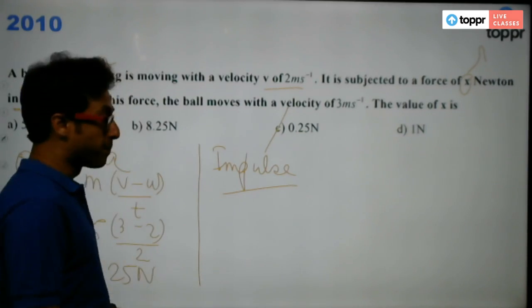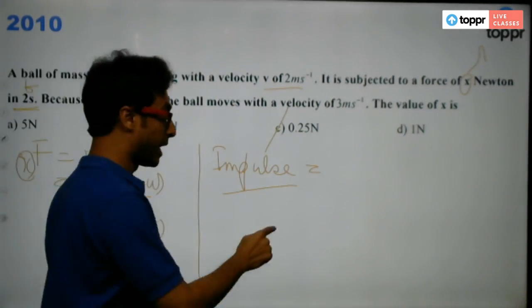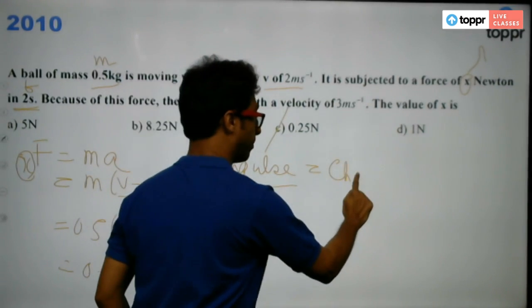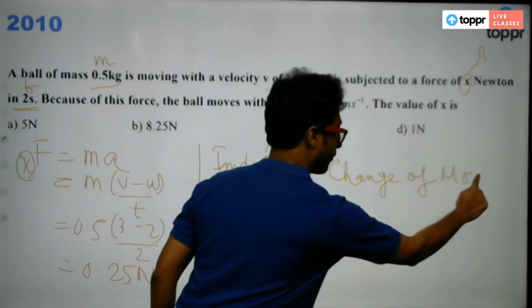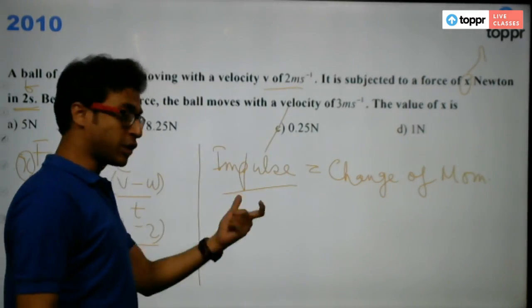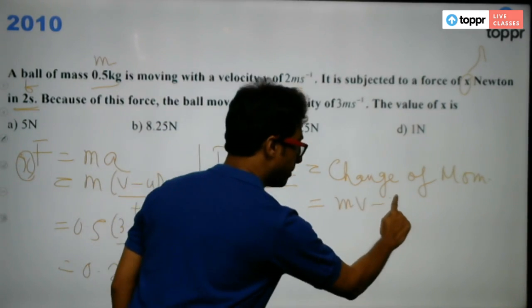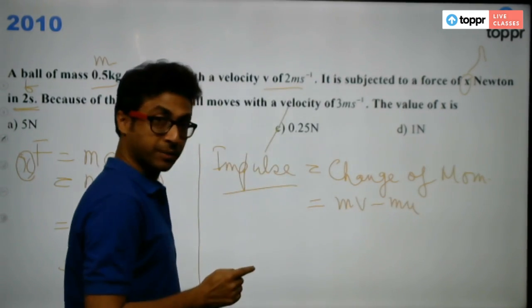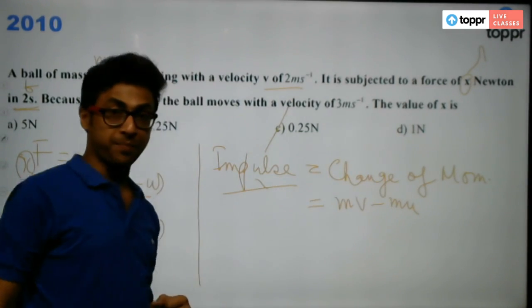What is impulse? Impulse is nothing but change of momentum. Change of momentum is final momentum minus initial momentum.